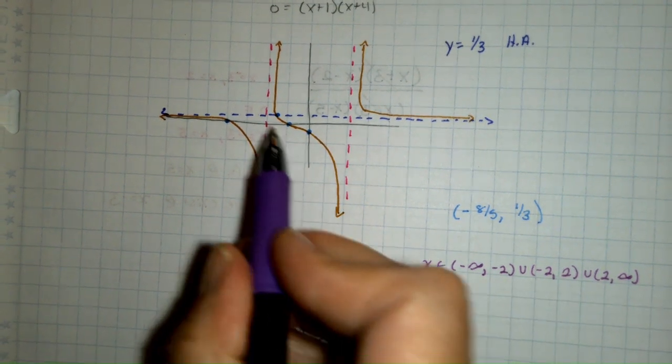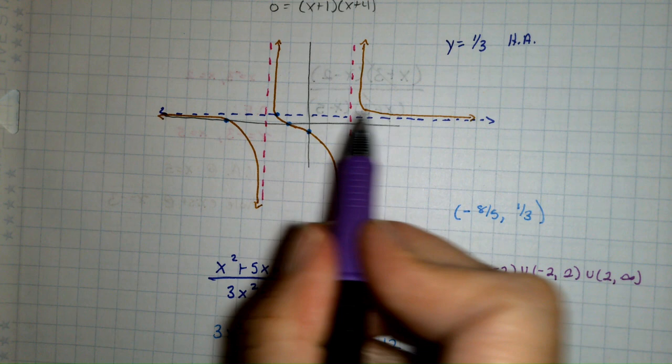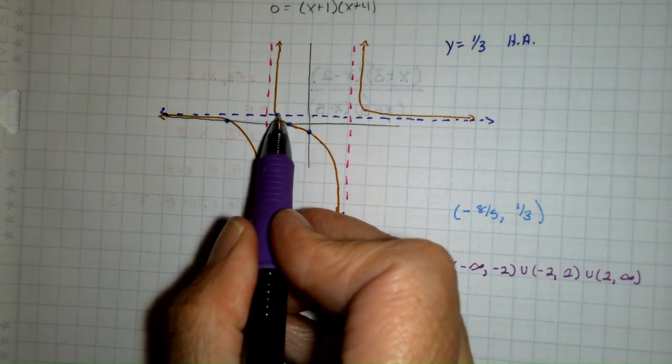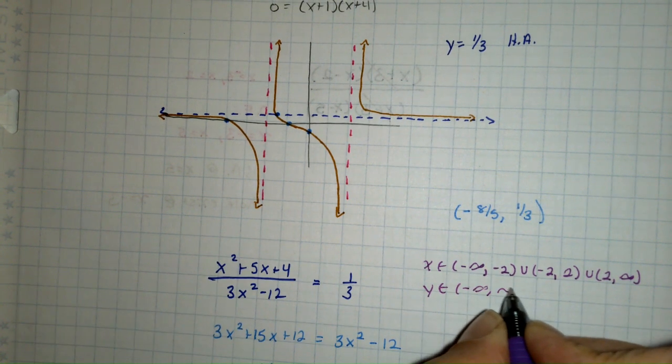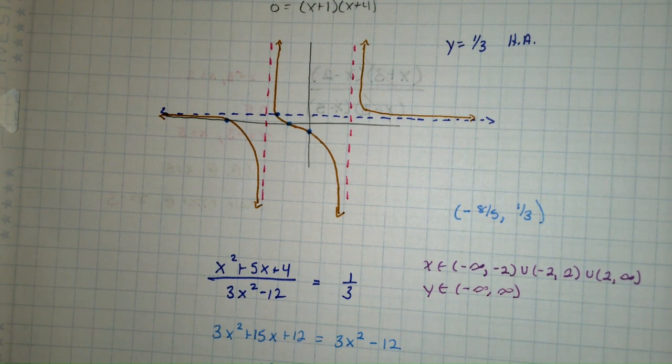And we normally would skip that horizontal asymptote of 1/3, but right here we crossed it, so our range is actually all reals for the y. We didn't actually skip any. So please be careful of making sure you double check where's your domain, where's your range, where are your vertical asymptotes, where are your holes. Those are the key features that guide everything about the graph. You can build a table of values around them, but if you know those key features, you'll be well on your way to graphing.